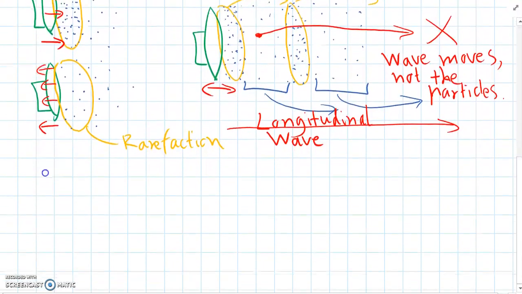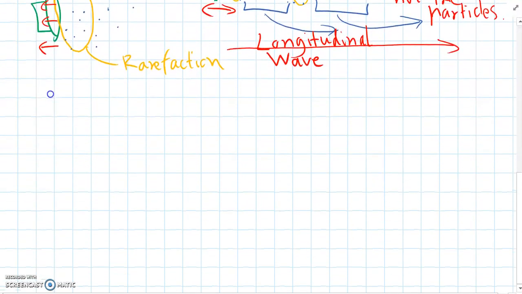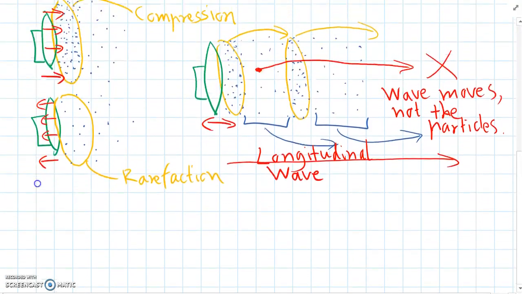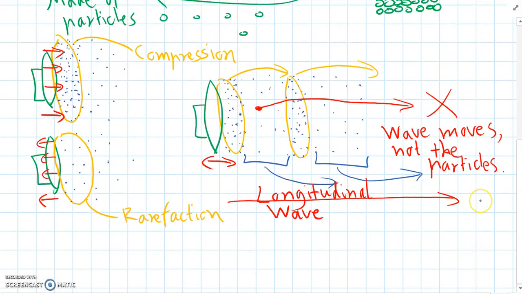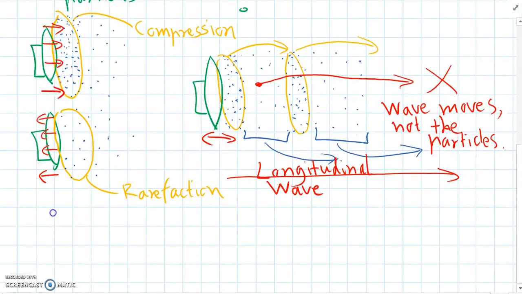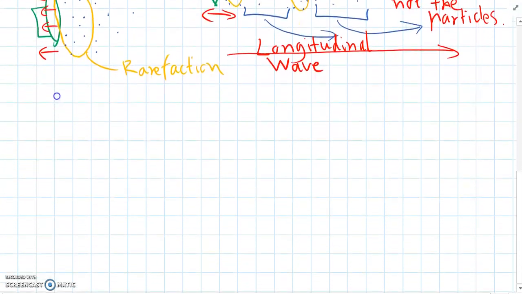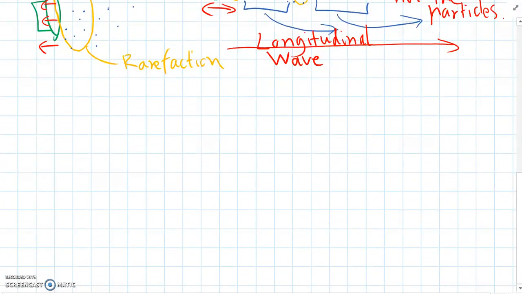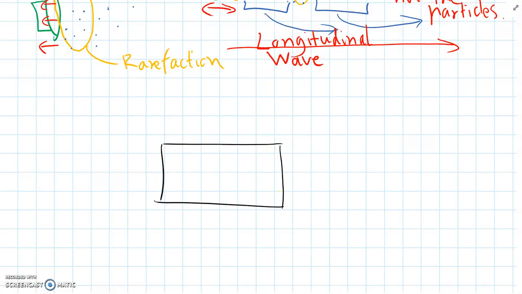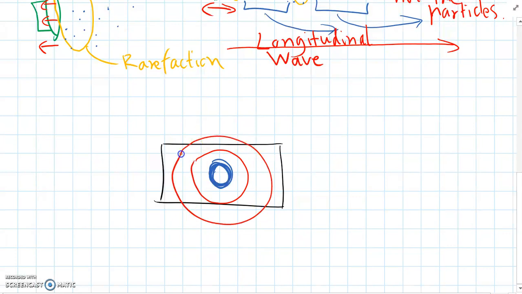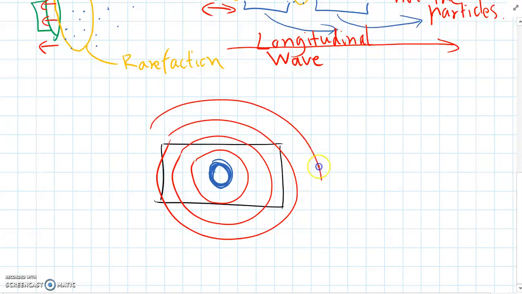The final thing to look at now is just to remember that sound doesn't only travel in one direction away from the speaker or from the source of the sound. It travels in every direction. So if we imagine a table and we put a speaker on the table, the waves of the sound will move away from it in every direction, outwards.